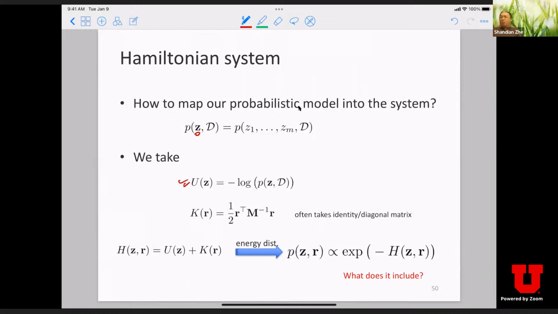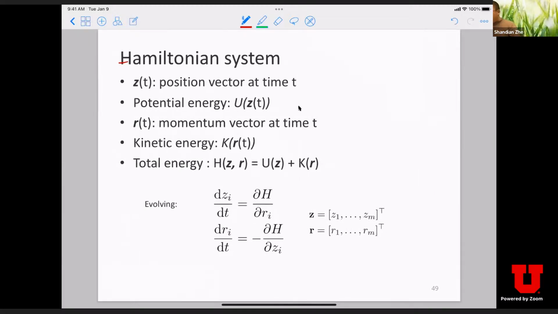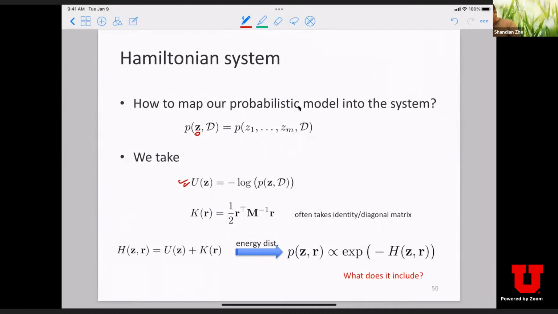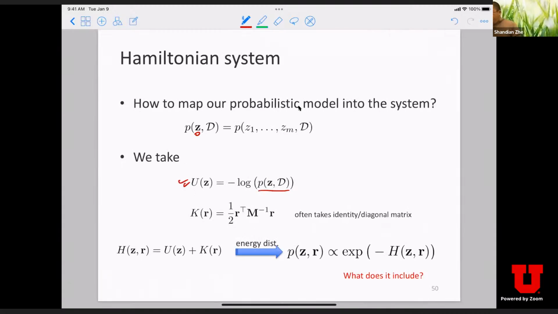Then we can define our potential energy as the negative logarithm of the joint probability. You can define any function as your potential energy and kinetic energy, as long as you satisfy this rule, it is a valid physical system.